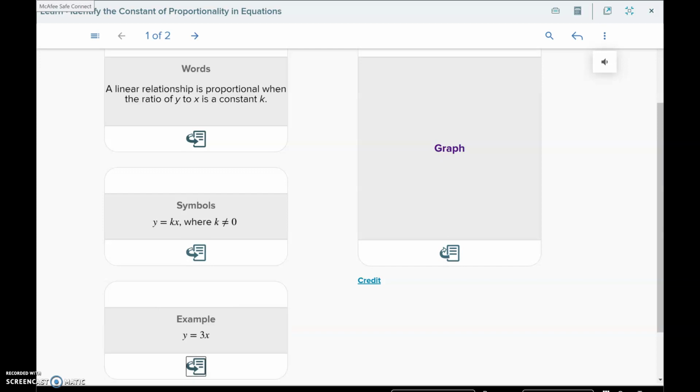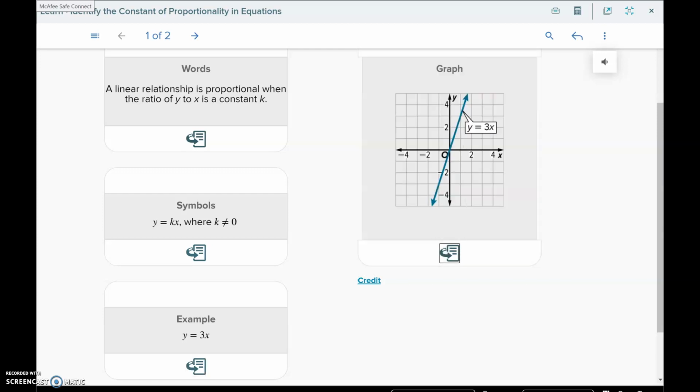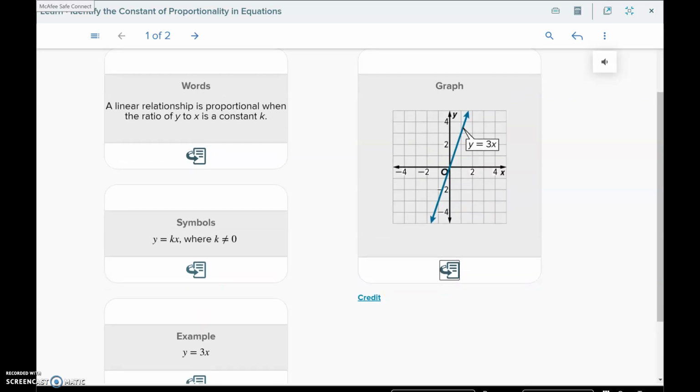An example, y equals 3x. So we see y, we see our k, or our constant, which is 3, or our coefficient, and then our value of x. And so what the graph looks like here is this lovely line. You see it goes through the origin at 0, 0.